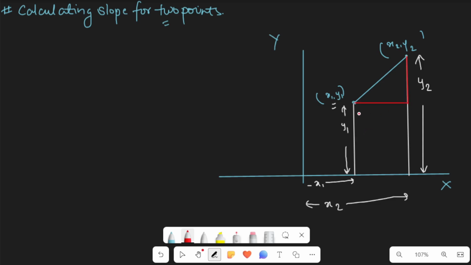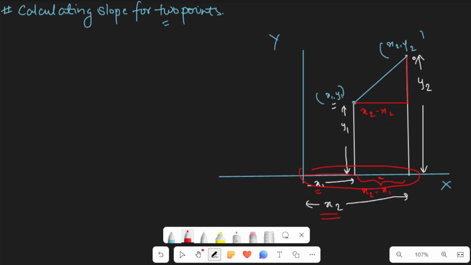Now, how do we calculate this part when we know these two? You can see we can find it by subtracting x1 from x2. So we subtract this part from this whole, and we get this. That is our run, which is equal to x2 minus x1.